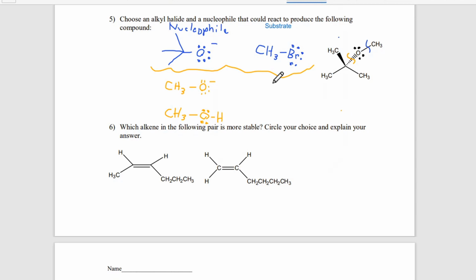Our substrate would be the tert-butyl bromide, or whatever other leaving group you'd want to use. The substrate in this case would pretty much be the same either way. It'd just be your tert-butyl bromide.